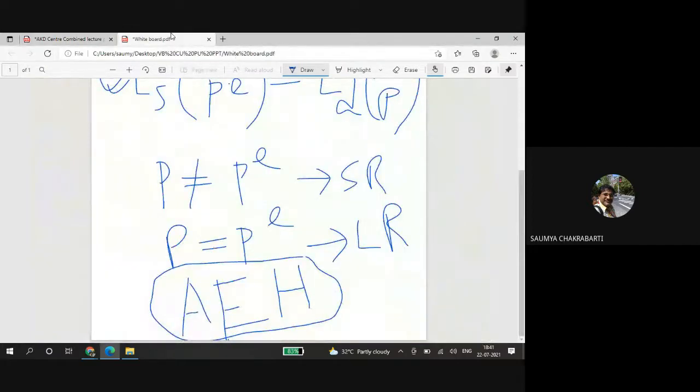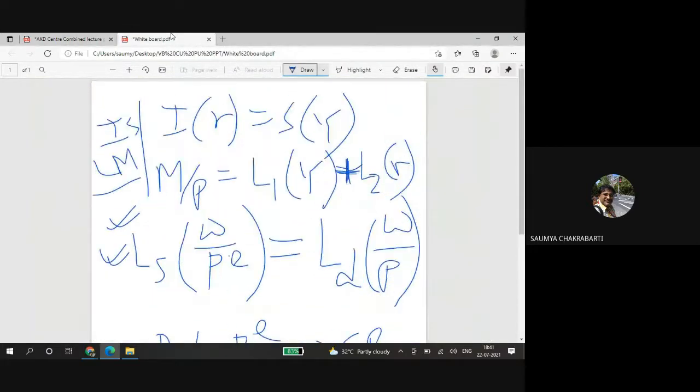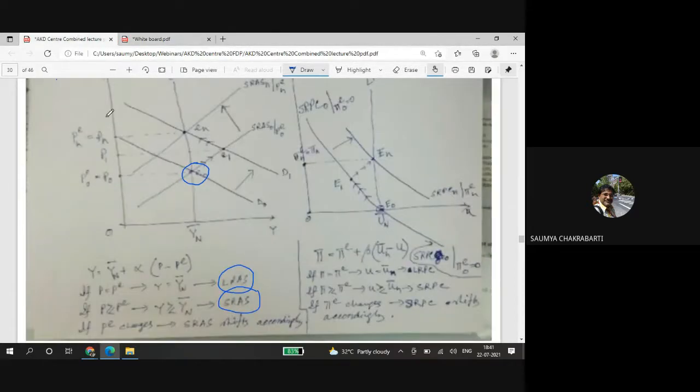It means that, first of all, from these two equations, we get the aggregate demand curve. Means what? At each point on the aggregate demand curve, the money market, commodity market and bond market are in equilibrium. Here, it's equilibrium. Here, it's equilibrium. Here also, it's equilibrium.